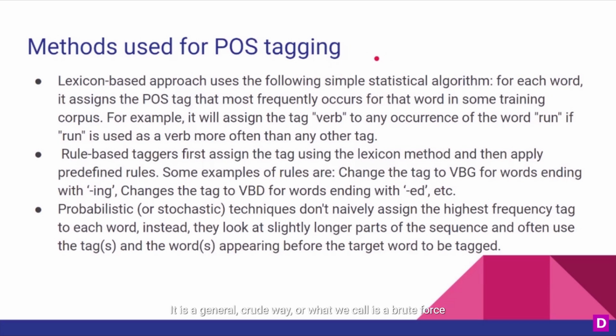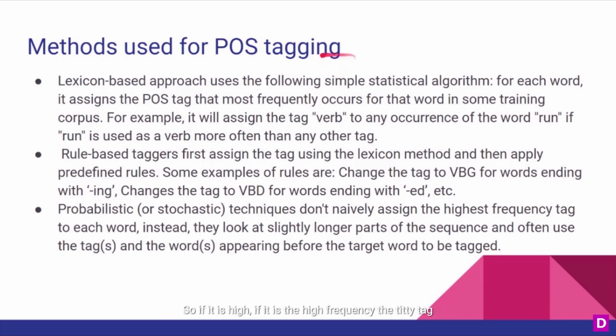So it is a general crude way, what we call a brute force method, which we can infer as a lexicon based approach. To be clear again, it will take that word, check the POS tag associated with it, and check how many times that word is tagged with the same POS tag.